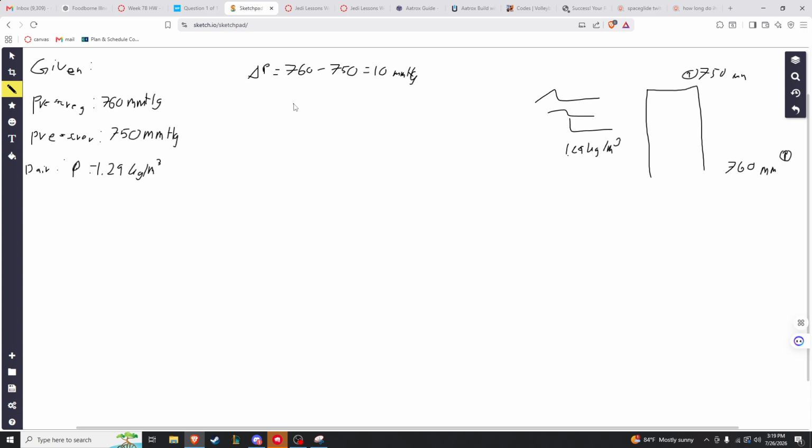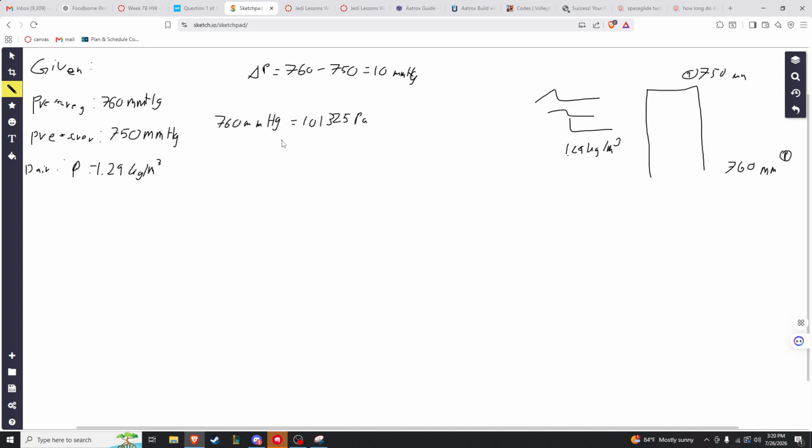And we're going to use the 760 because we can convert 760 millimeters into 101,325 pascals in this situation.